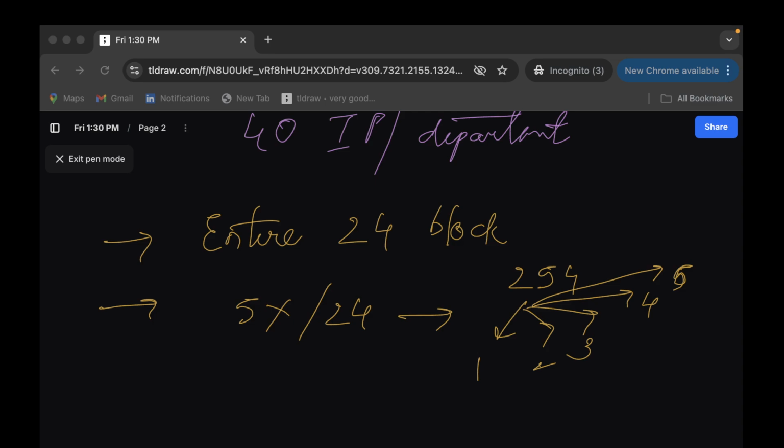Each block is going to get 254, and we don't want that many addresses assigned. We only need 40, but instead of 40 we are assigning 254. So that is a drawback.